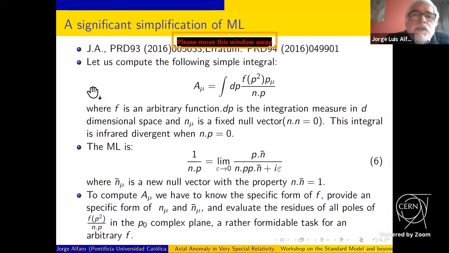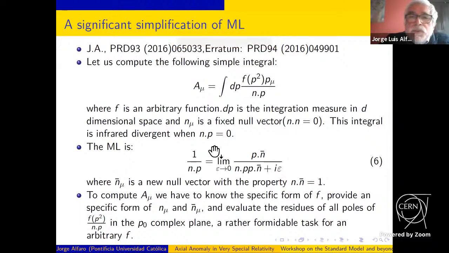For instance, consider the following integral here, where f is an arbitrary function of p squared, d^dp is the integration measure in d-dimensional space, and n is the fixed null vector that satisfies this relation. This integral is infrared divergent as n dot p equals 0. So the Mandelstam-Leibbrandt prescription is this.